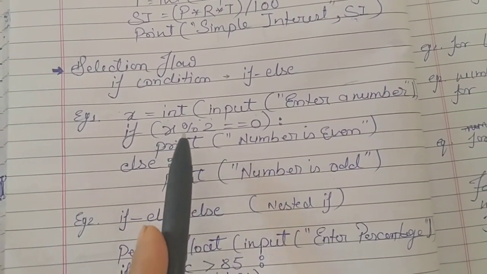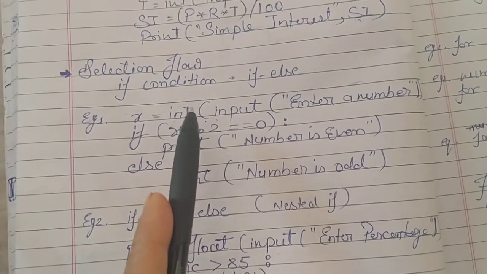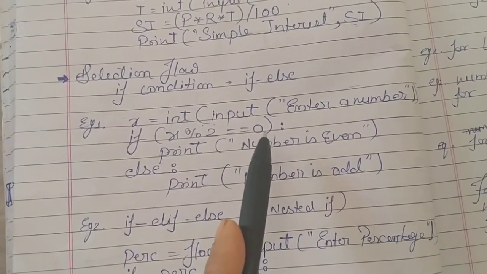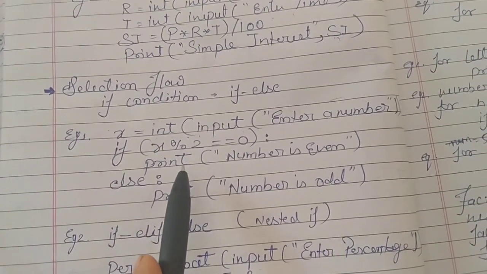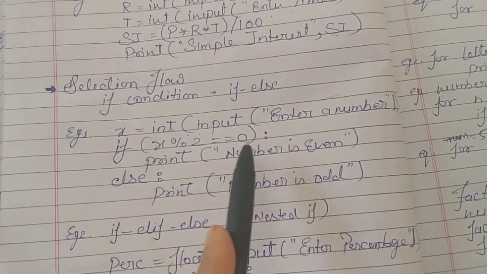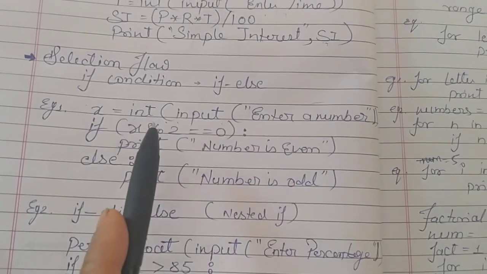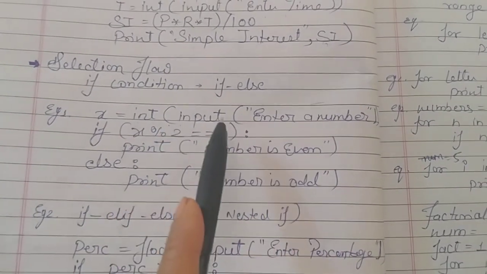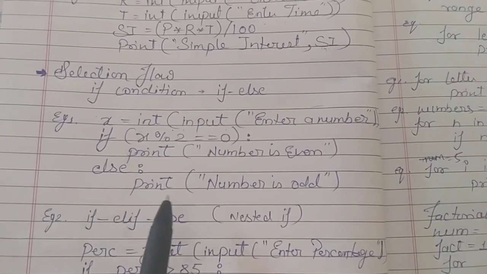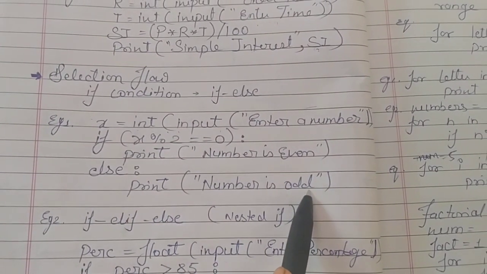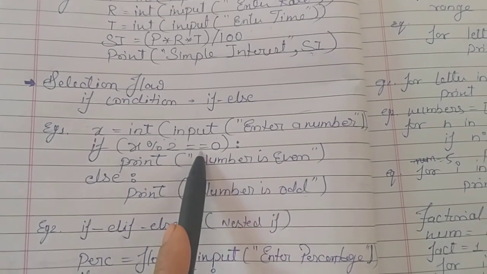So the variable modulus 2, if the answer is 0, equal to 0 is the condition given, then the control will move to this line, that is print, number is even. Or if the remainder here is not equal to 0, the control will jump to the else part and print number is odd. Okay.